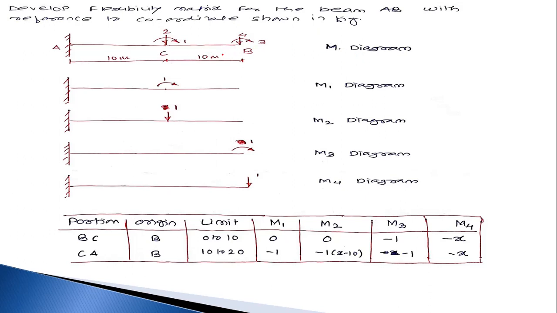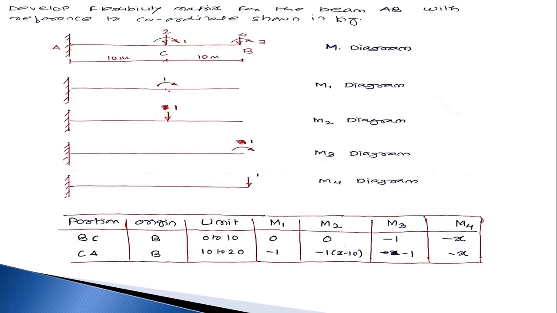Now I convert this M diagram into different diagrams. Suppose we remove all forces and just take one moment at C, that is coordinate number 1. This is called the M1 diagram.